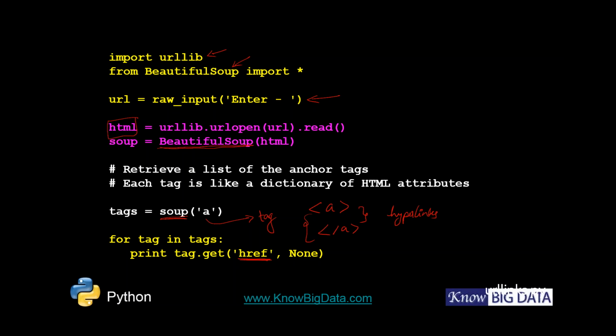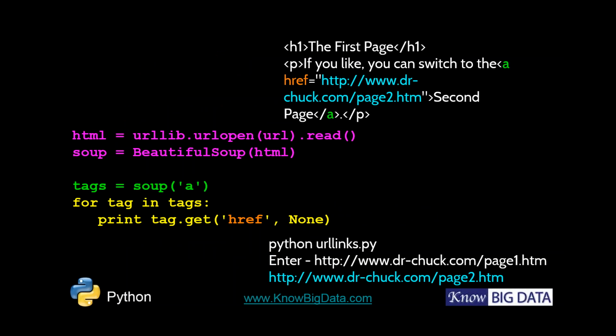And you can just simply give the tag name where you want to start your search, and within this tag all the hyperlinks are figured out. You see here, this is my tag A. Between this tag I've got one hyperlink, isn't it?